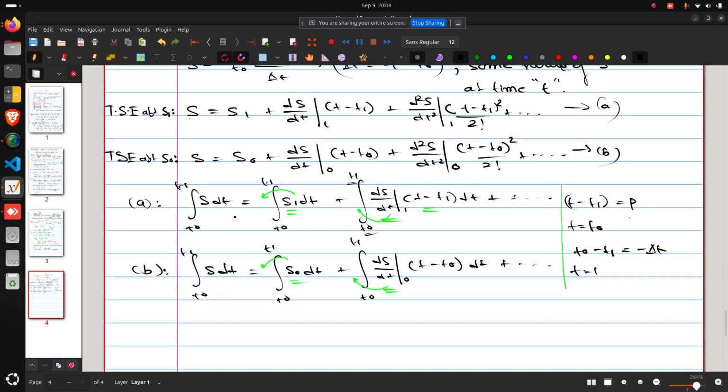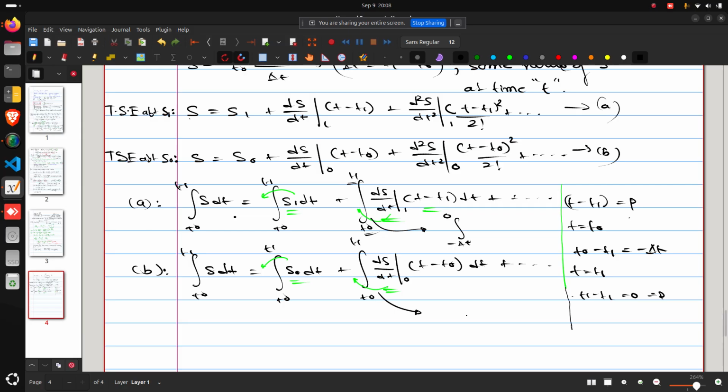At t is equal to t1, t1 minus t1 is equal to 0, is equal to p. So this integral will change from t0 to t1 into minus delta t to 0.